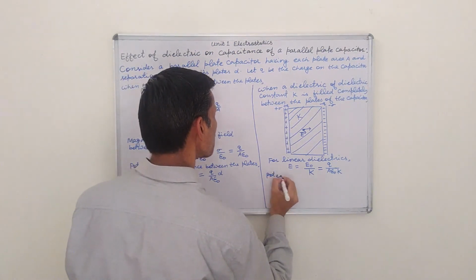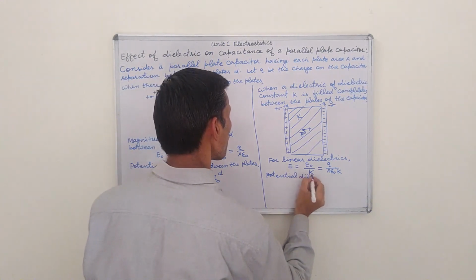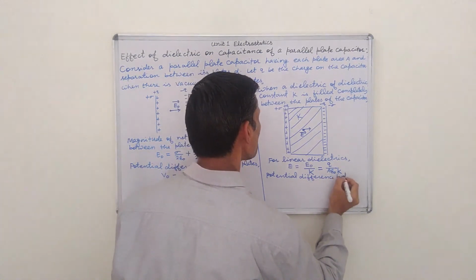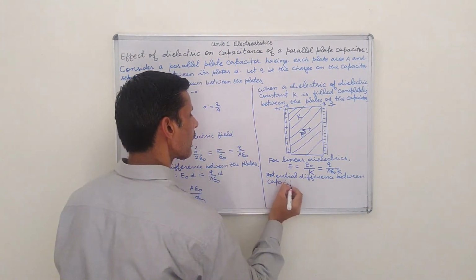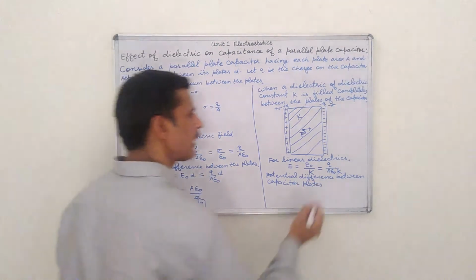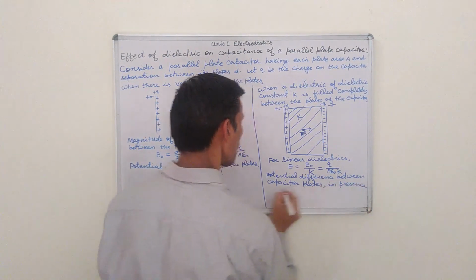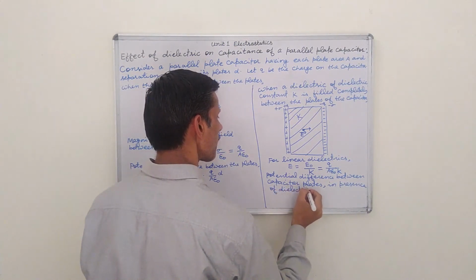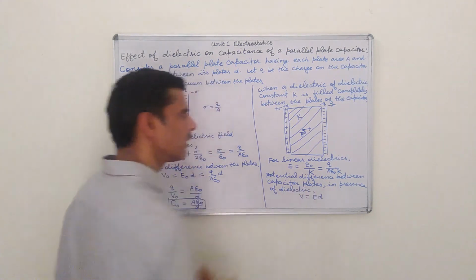So potential difference between capacitor plates in presence of dielectric V is equal to E into D.